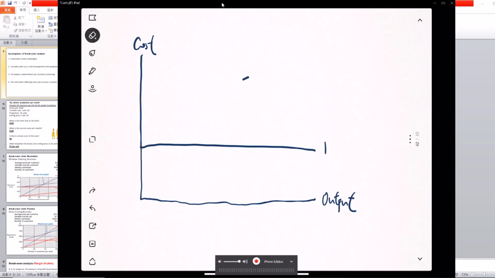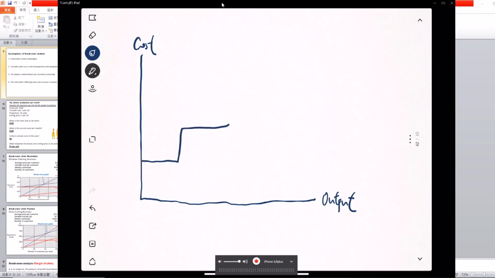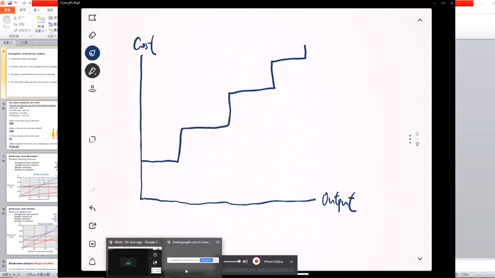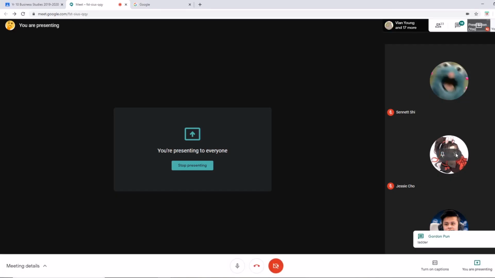sometimes the fixed costs look like this. It's like a ladder. Guess why? Inflation?